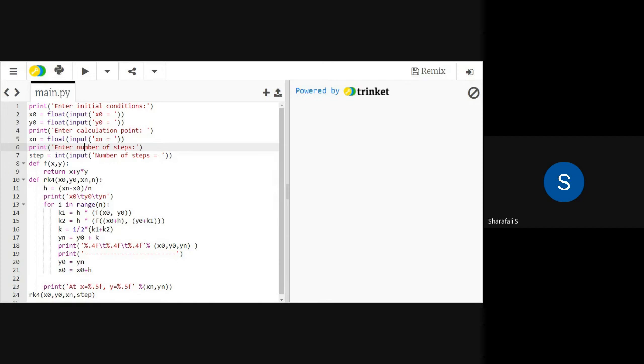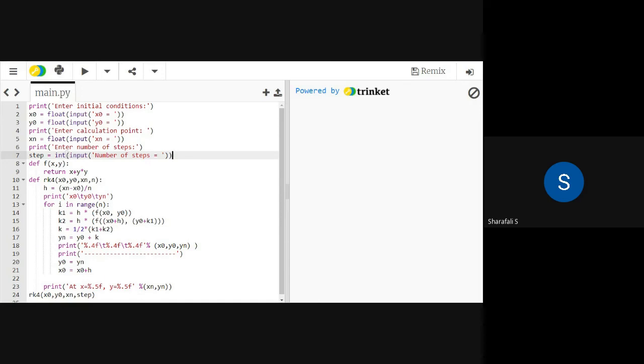Then this instruction is for the number of steps calculation: steps equal to integer input number of steps. Number of steps means if you start from x0 and want to find the value at xn, you consider a number of intervals in between these two.